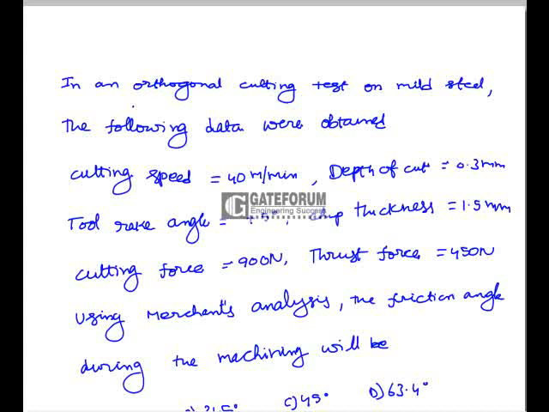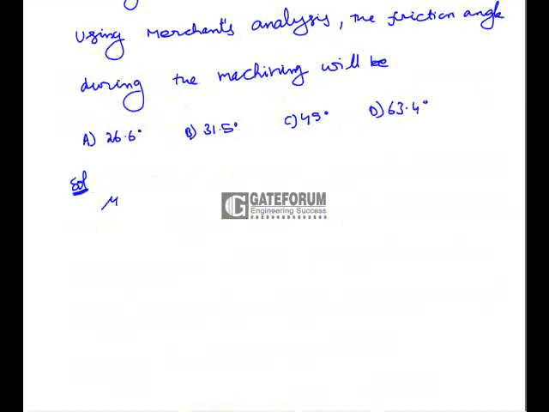Here, by using Merchant's analysis, the coefficient of friction is given by (Fc sin alpha plus Ft cos alpha) by (Fc cos alpha minus Ft sin alpha), where Fc is the cutting force, Ft is the thrust force, and alpha is the rake angle. So here all the values are given.